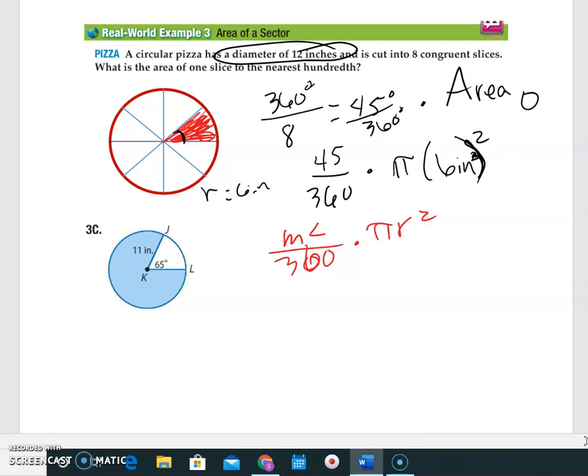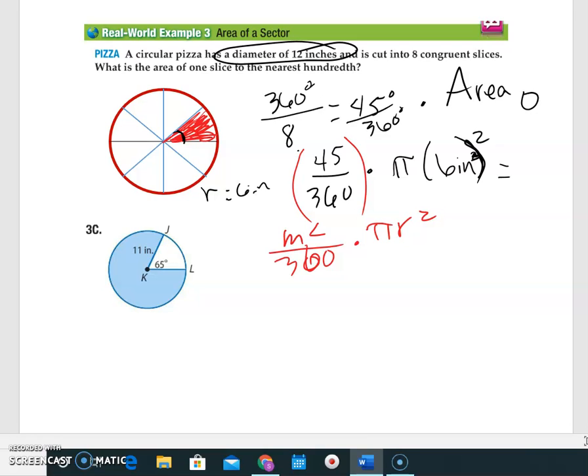And then we're just going to put that right in our calculator. In parentheses, I would put 45 divided by 360, then times pi, using my pi symbol, and then times 6 squared.